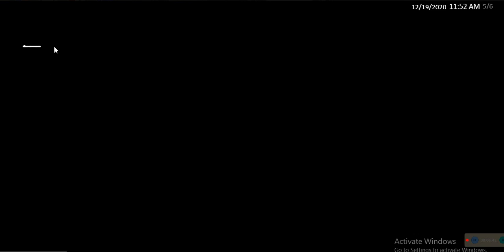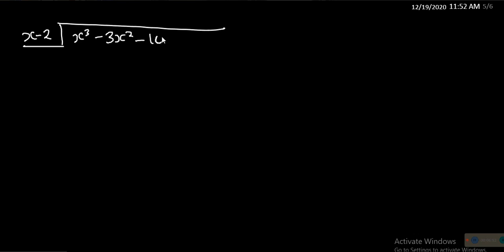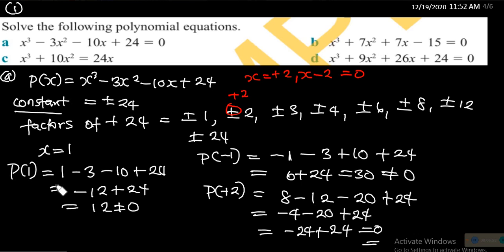So using the division algorithm now, remember what we took is x minus 2, so we have x cubed minus 3x squared minus 10x plus 24. Okay, let's check if we have copied correctly.